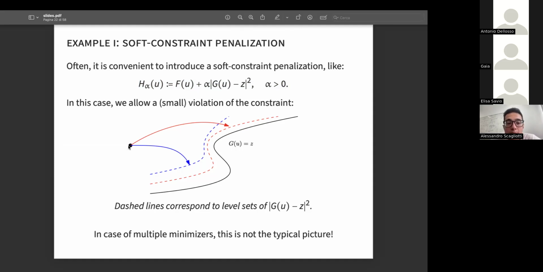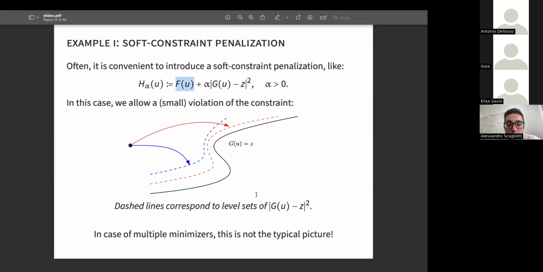It may happen that, for instance, the blue trajectory is shorter, so we have a smaller value of the fuel consumption, say, but we arrive farther away from the constraint, so we pay more in terms of the violation. Another optimal control for the same function could be the red one, in which, for instance, we consume more fuel, but we arrive closer to the target.